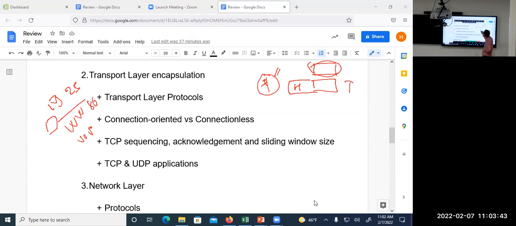Now, when you send it down to the network layer, you have header information from the network layer. What information do you have? You said IP address. Yes, the IP address tells you how to reach the final destination.